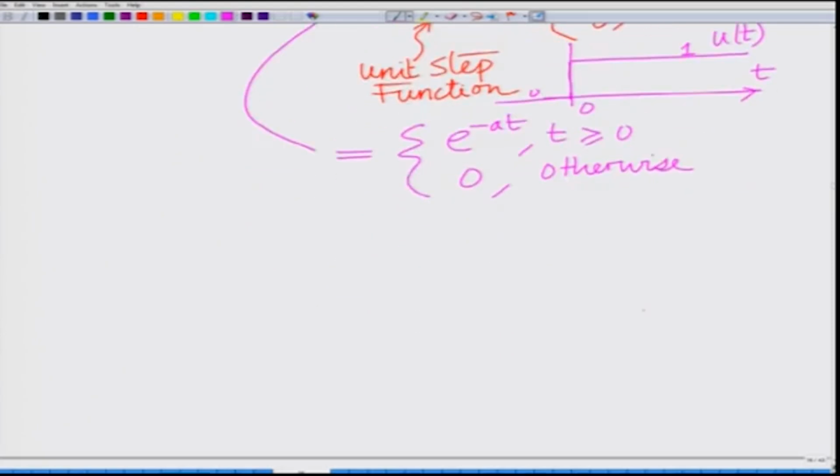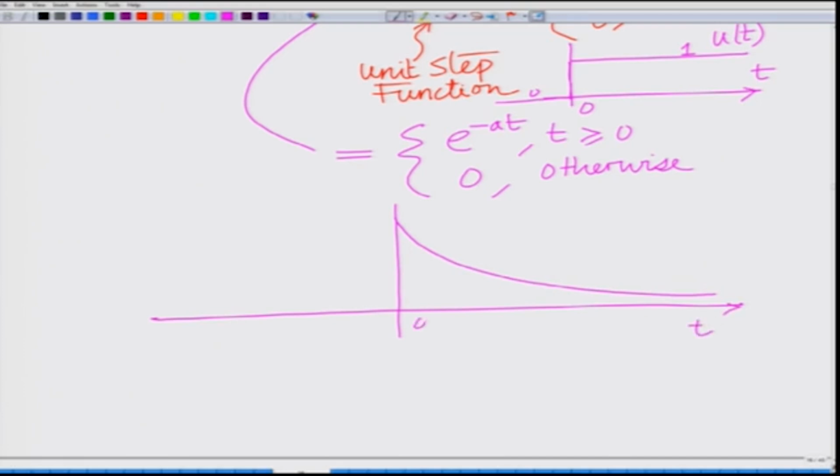So, this looks as e power minus a t for t greater than or equal to 0, and for t less than 0 it is obviously 0. This is basically your signal e power minus a t into u of t.